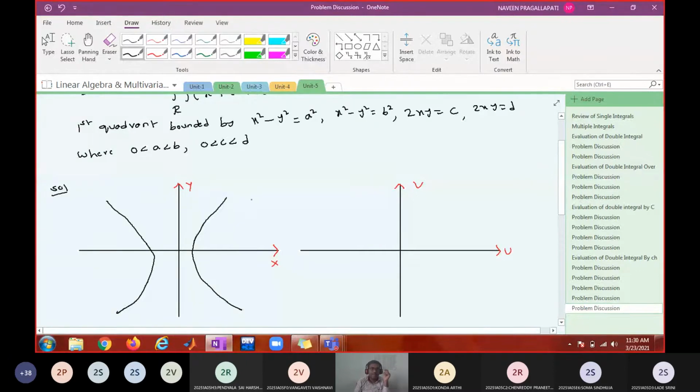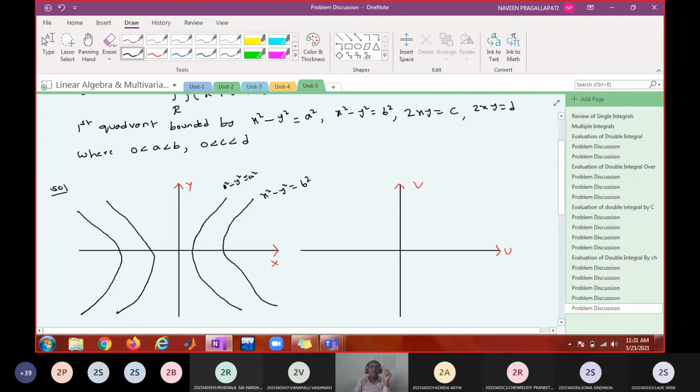Do you agree? So this is x square minus y square equal to a square, and this is x square minus y square equal to b square, 0 less than a less than b, right?